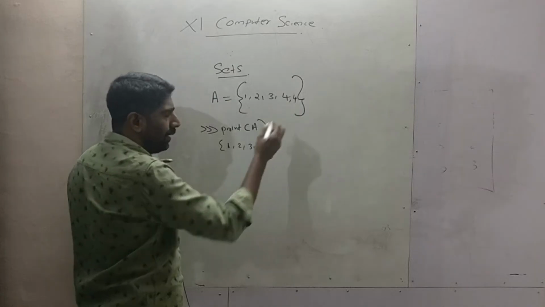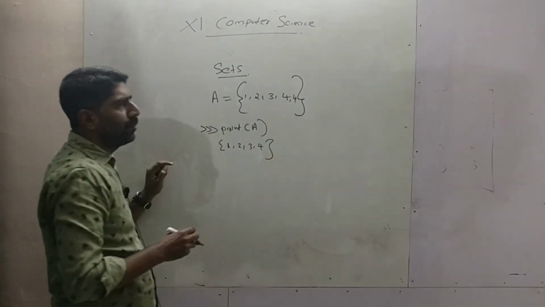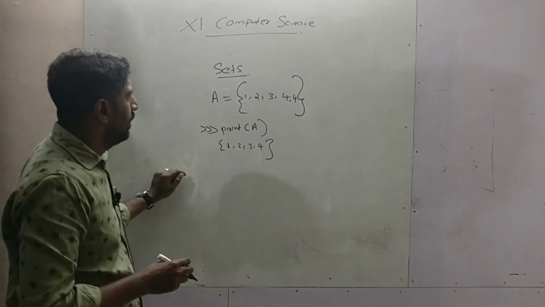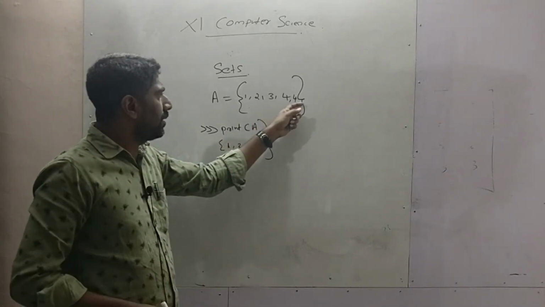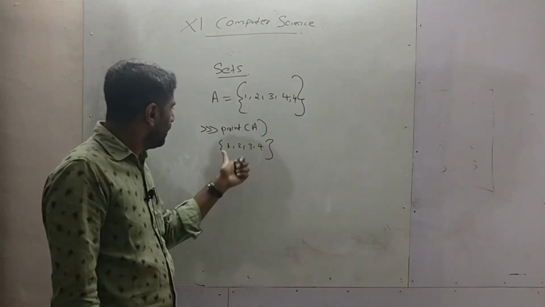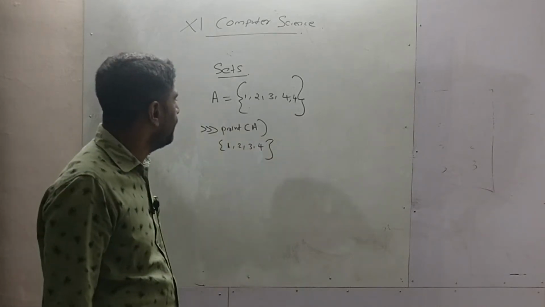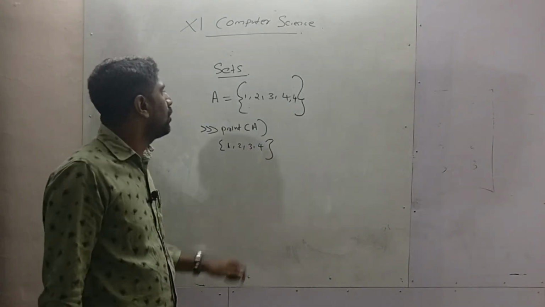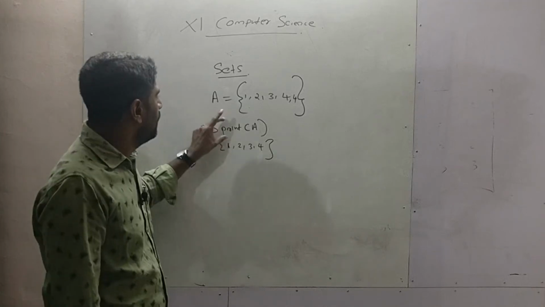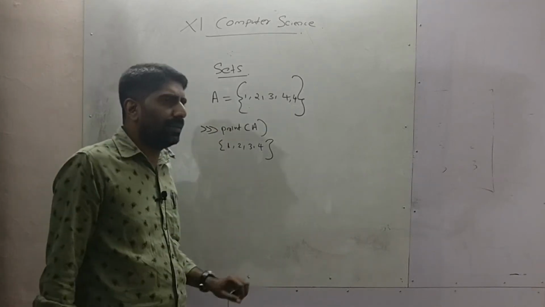Here 4 is repeated 2 times, but in the set it is taken only one time. So 1 comma 2 comma 3 comma 4. Clear? So this is one difference of sets.